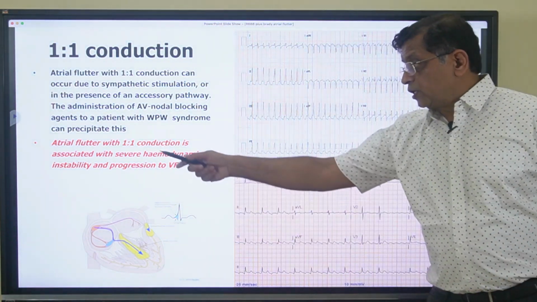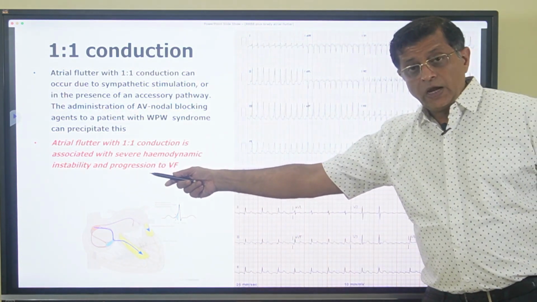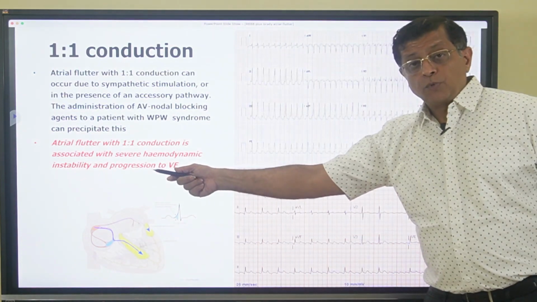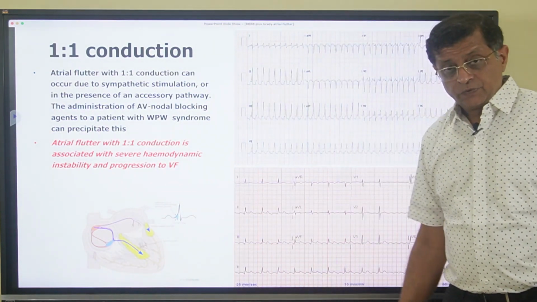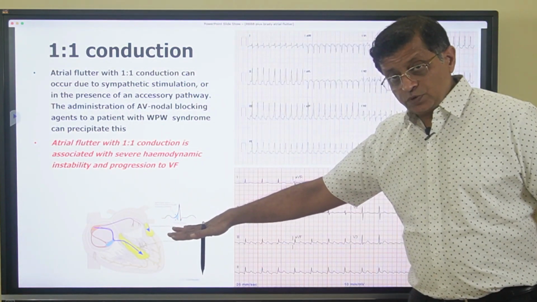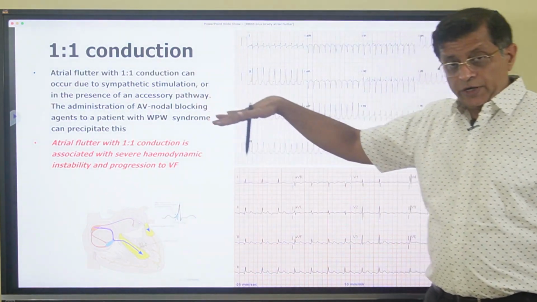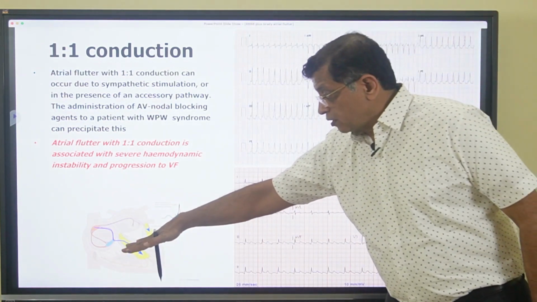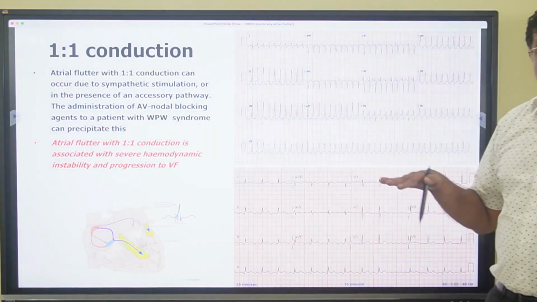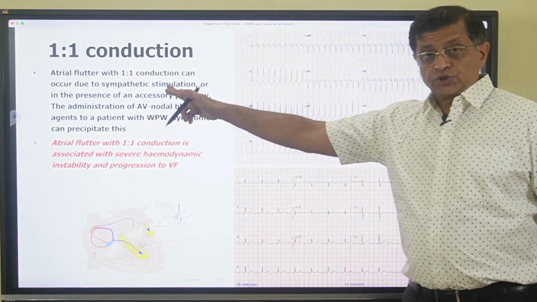The patient will suddenly have hemodynamic collapse and may progress to ventricular fibrillation and death. Therefore, in all patients with pre-excitation syndromes, you should avoid giving AV blocking drugs in atrial flutter. This 1:1 conduction can also occur in sympathetic stimulation.